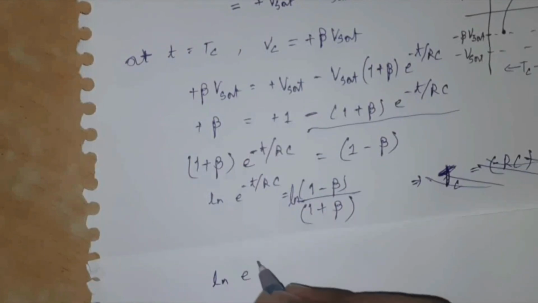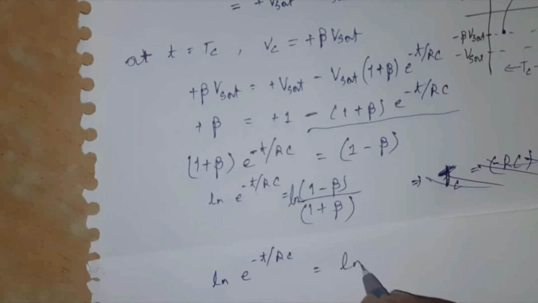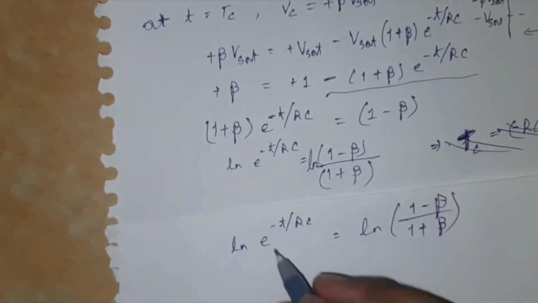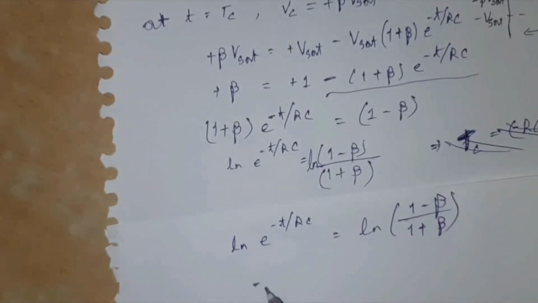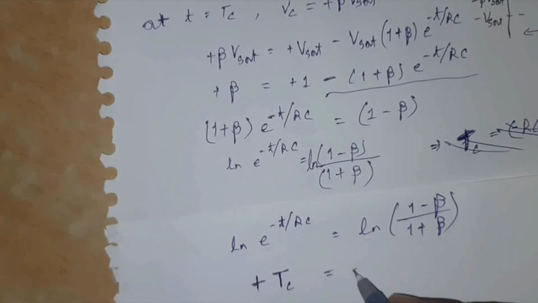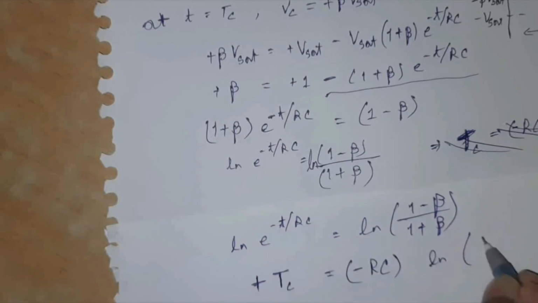Now we have ln e to the power minus t by RC is equal to ln of 1 minus beta upon 1 plus beta, and this ln and e can be solved like this. Since this is charging time, we have taken this Tc by RC, so this will come, let us make this plus, and this minus sign comes here: Tc is equal to minus RC ln of 1 minus beta upon 1 plus beta.